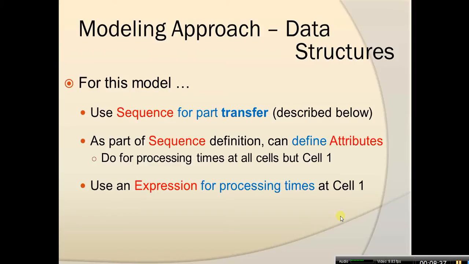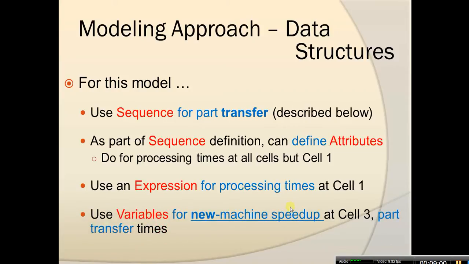And we use an expression for processing times at cell 1, and this is just done to demonstrate that there are alternative ways to do things. We could also have had an attribute for cell 1, or we could have expressions for other cells. So again, this is a useful way to see how things can be done in a different way.